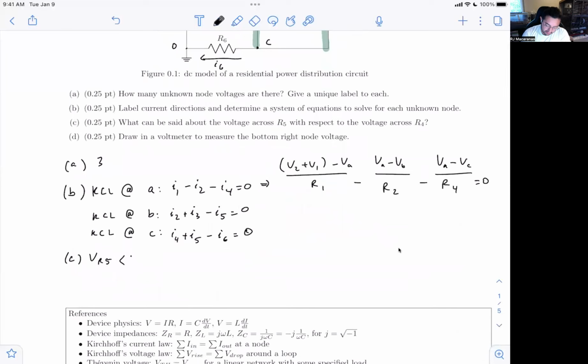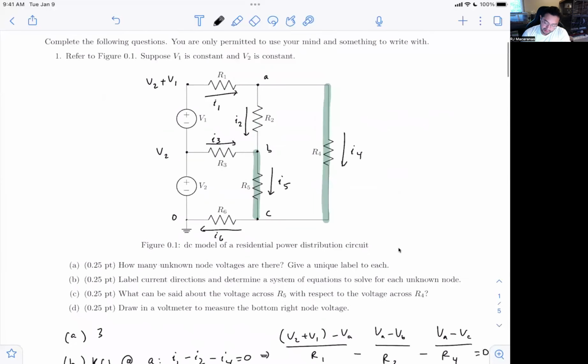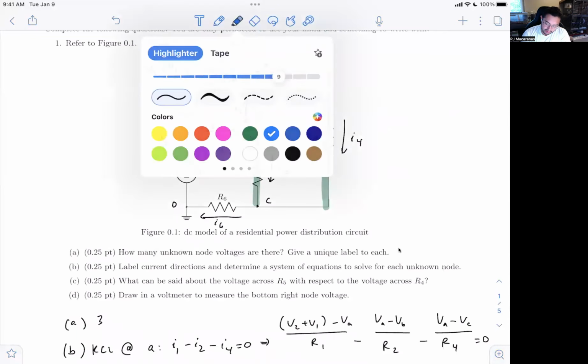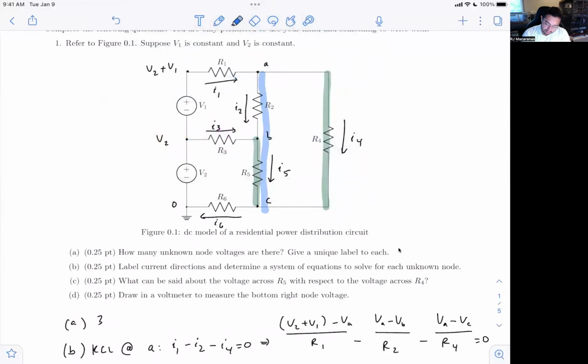VR5 is less than VR4. Hopefully that makes sense, right? Because the voltage in parallel is the same, right? So any path from A to C. So I've got one path this way, got one path this way from A to C. So those are the same, which means that there's another voltage through R2 that you have to get through to get the same voltage across R4, taking that path.